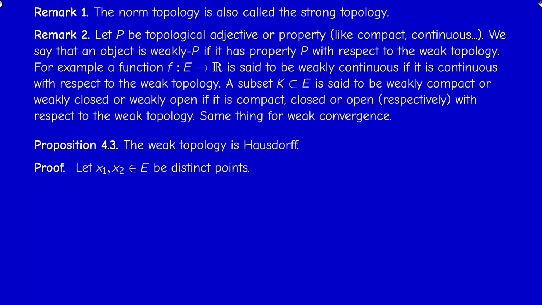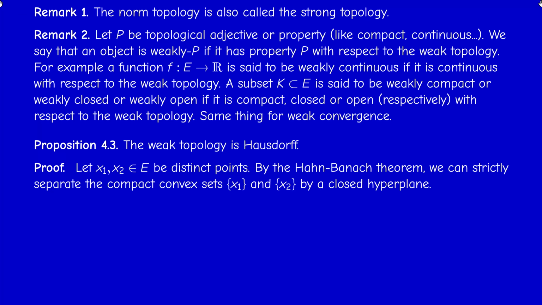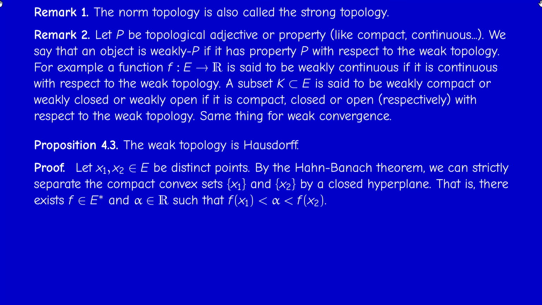Why is this so? It's very easy. Take two distinct points, x1 and x2. By the Hahn-Banach theorem, we can separate them by a closed hyperplane, which means that, in particular, there exists an element f in the dual, so it's continuous for the norm and for the weak topology, and a number alpha such that f of x1 is less than alpha less than f of x2.